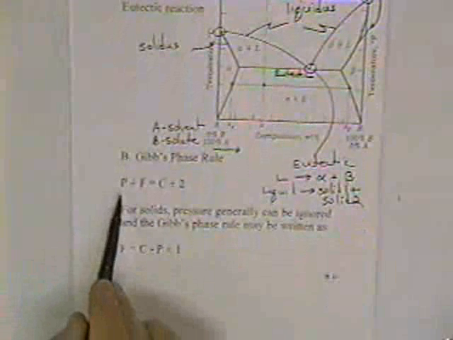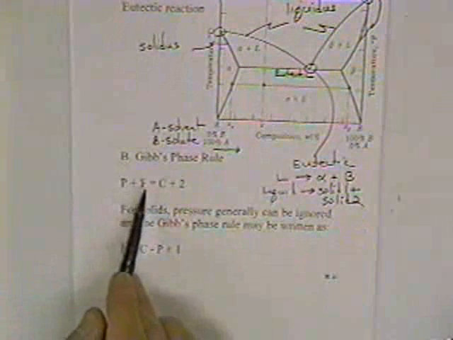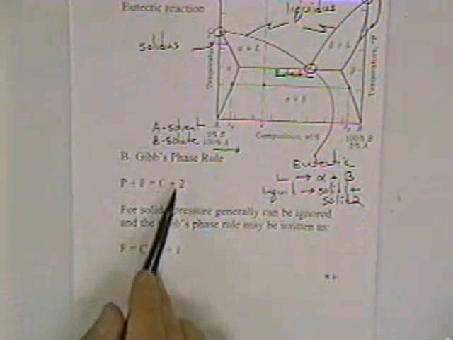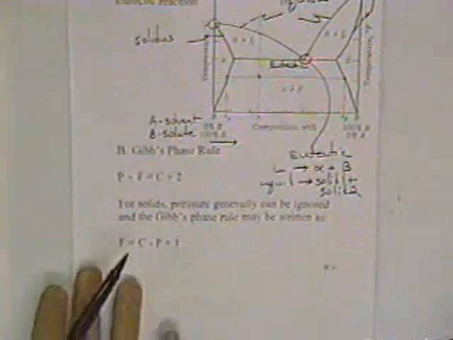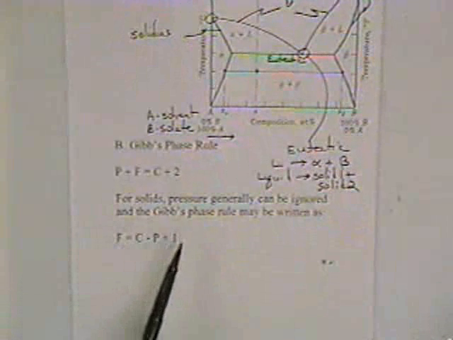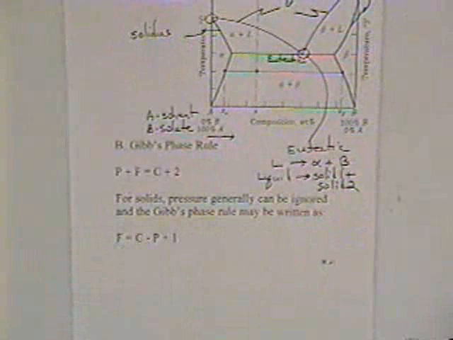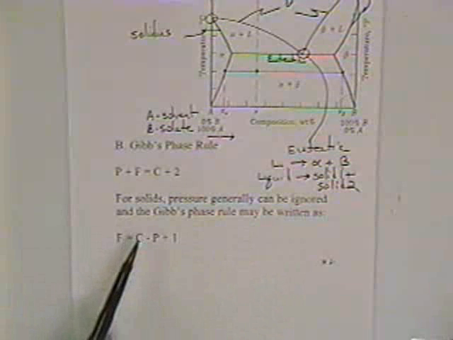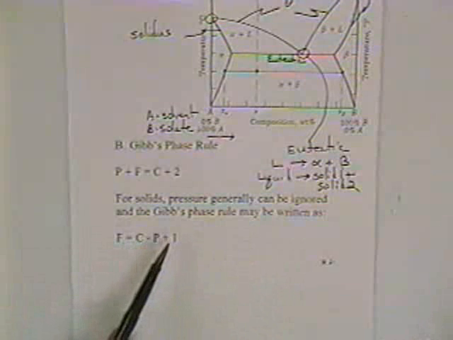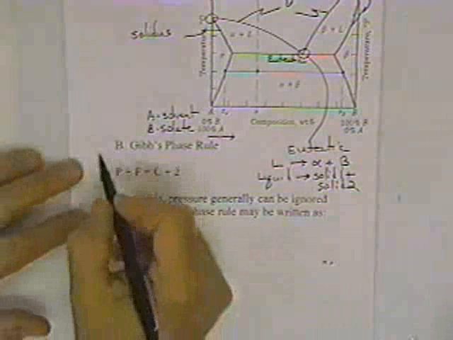Now, we can talk about the Gibbs phase rule, which can help us identify what goes on in this system. The Gibbs phase rule is defined as the number of phases plus the degrees of freedom is equal to the number of components plus 2. And for solids, pressure can generally be ignored, and the Gibbs phase rule can be written as the degrees of freedom is equal to the components minus the phases plus 1.